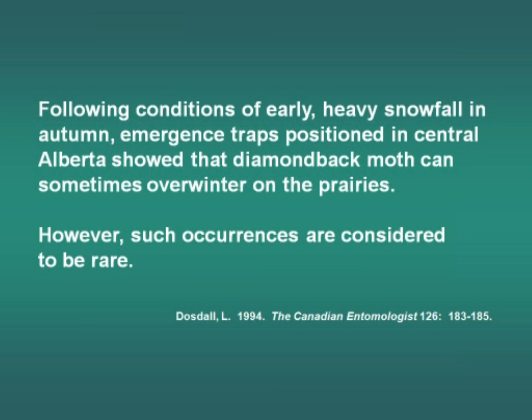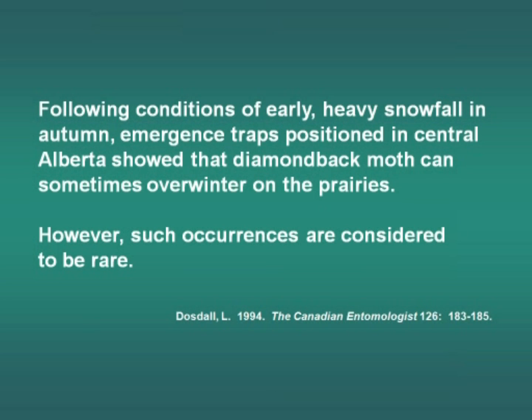And we found in several of the traps that diamondback moth populations occurred that could not have come from the outside in, but had to have overwintered on those sites. It was a condition of early, very heavy snowfall that provided an insulating blanket of snow on the ground, and the larvae were apparently able to withstand winter conditions that way.